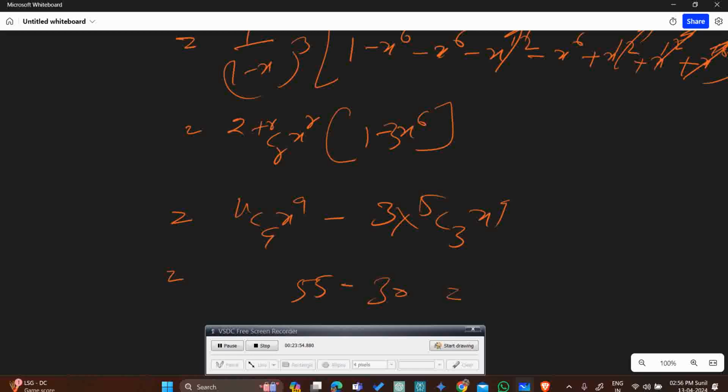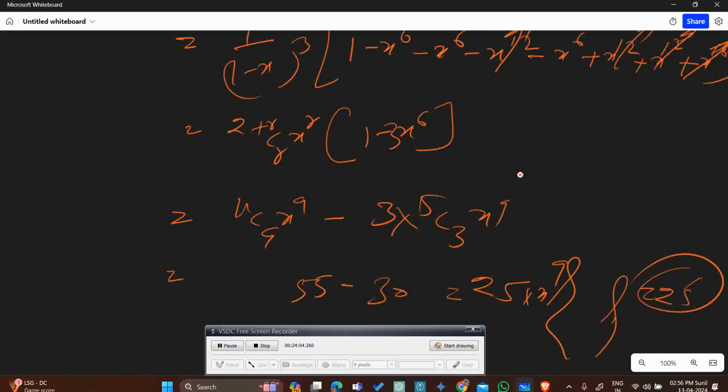Answer is 25. So 25 into x to the power 9 is the answer, and the coefficient 25 is the main answer.